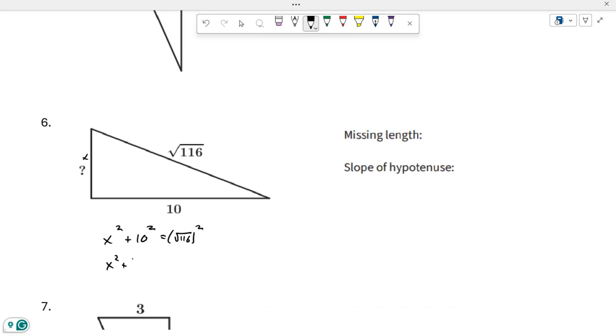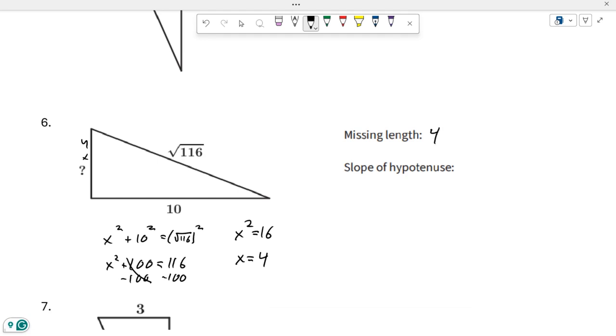So x squared plus 10 squared, which is 100, equals 116, because when you square a square root, it just goes away. Subtract 100, and so x squared is 116 minus 100, which is 16. Take the square root of both sides, discard the negative, and you're left with 4. So my missing length is 4.